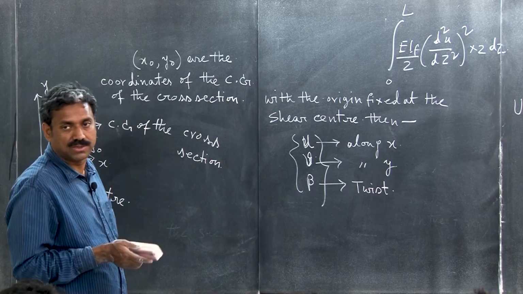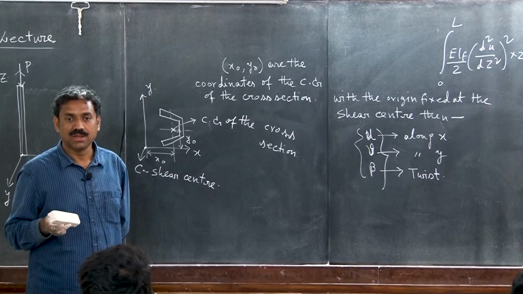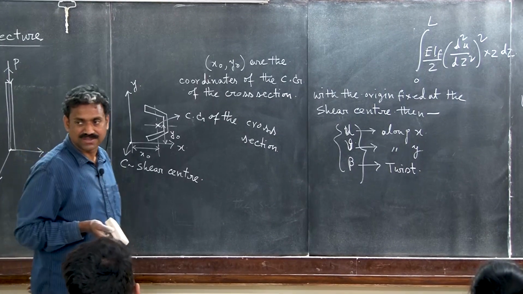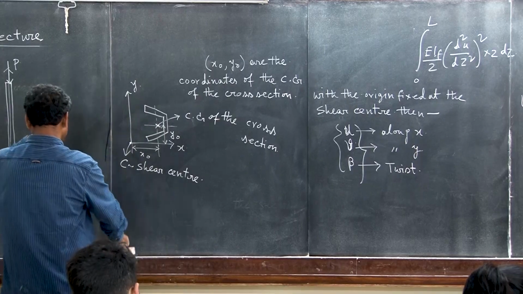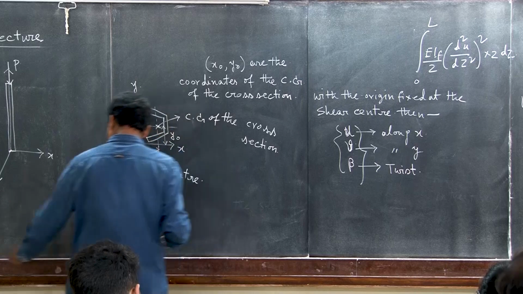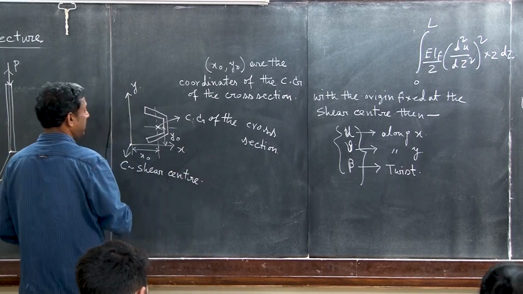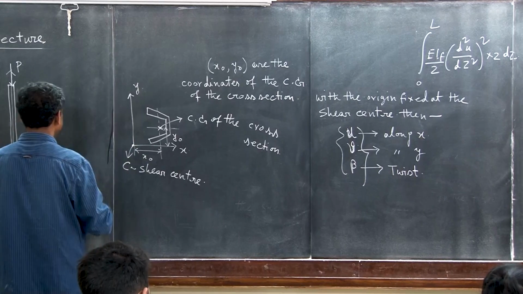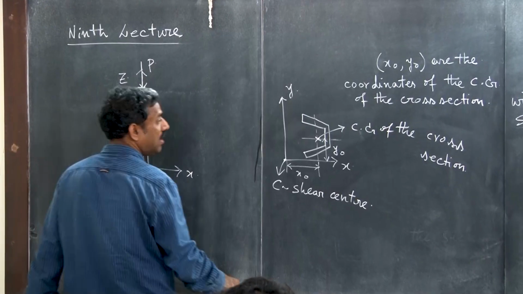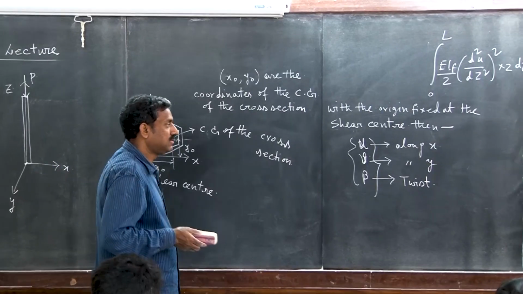We do not have W because essentially we are concerned about the 2 deflections and 1 twist rotation of the cross section. Ultimately, when it deforms, what will happen, I will show it there, okay.